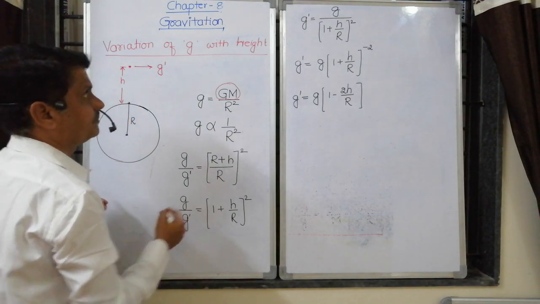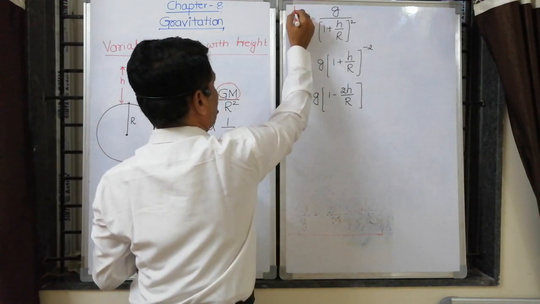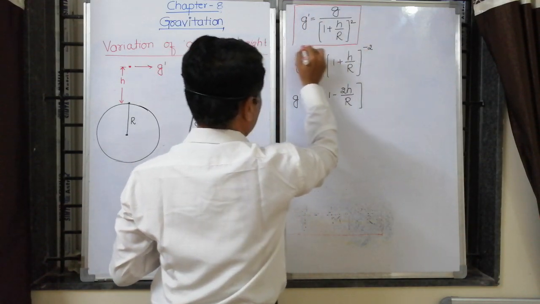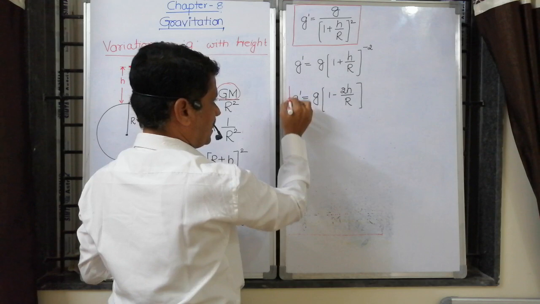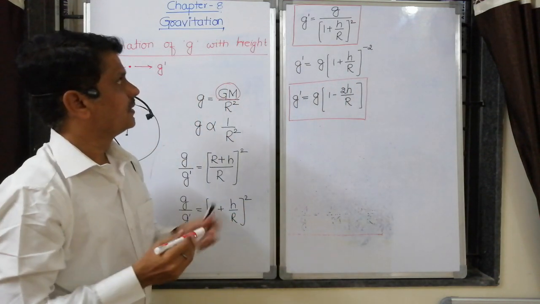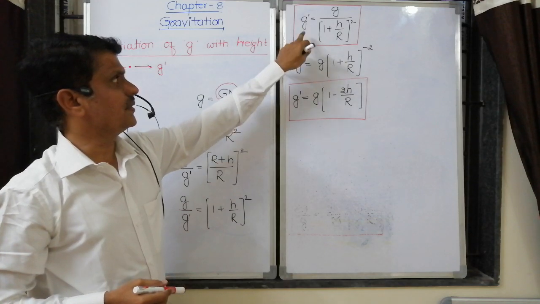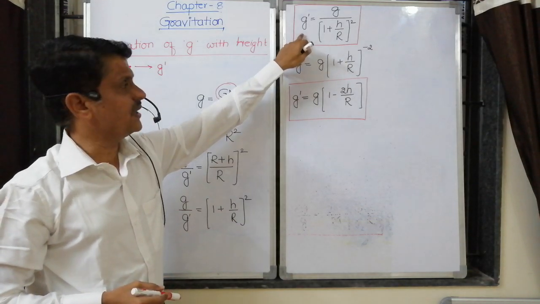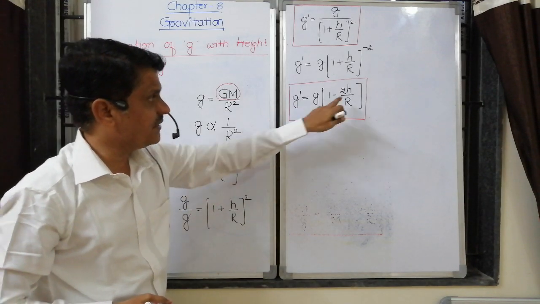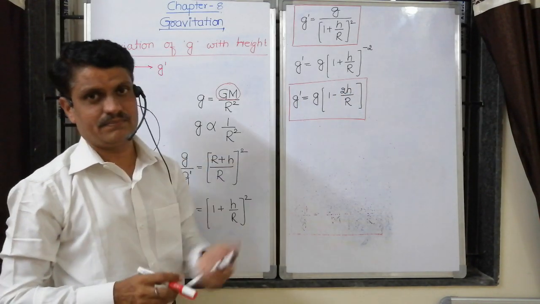Now remember, here we have two formulas to calculate value of g. One is this, another is this. It is useful everywhere and every time. But it is applicable only when h is small.